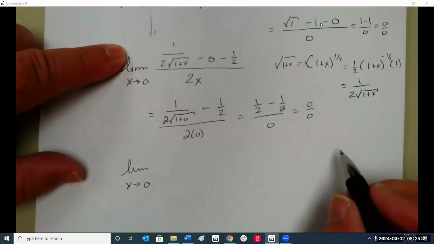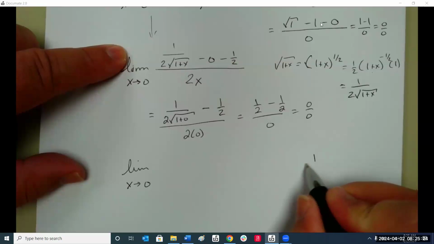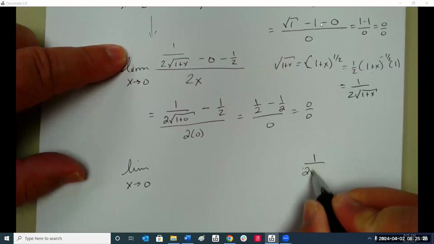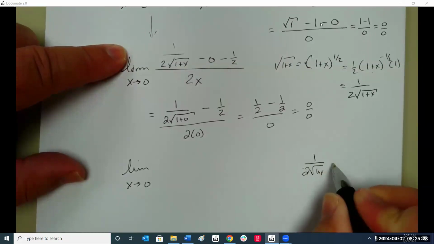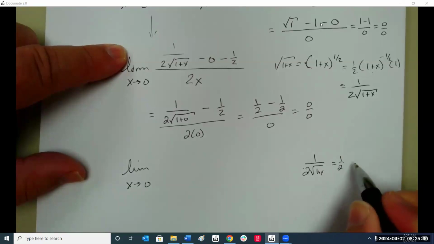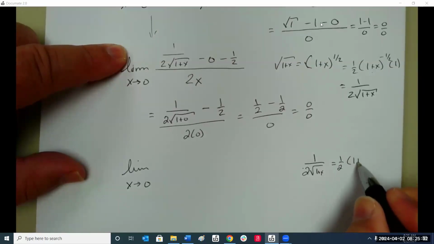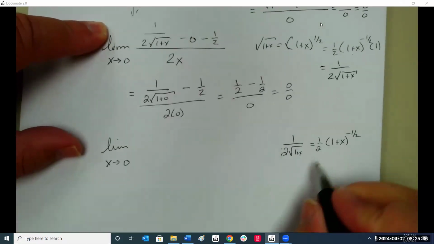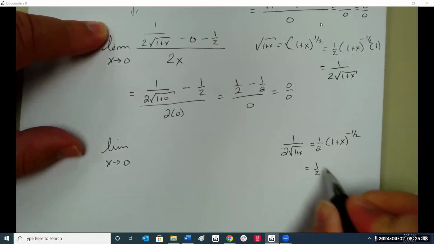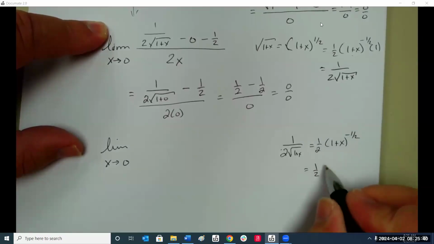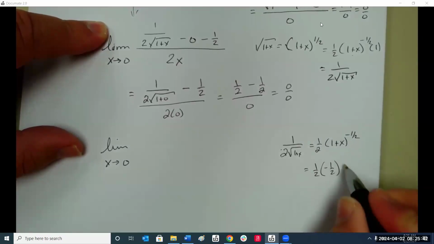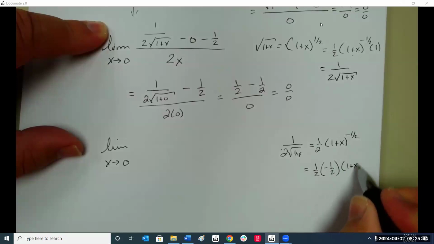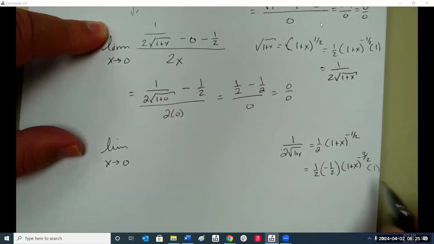The derivative of 1 over 2 radical 1 plus x is 1/2 times 1 plus x to the power negative 1/2. The power comes down, and we subtract 1, which makes it negative 3/2, times the inside.